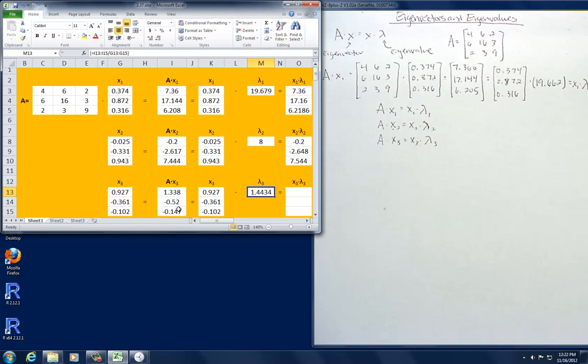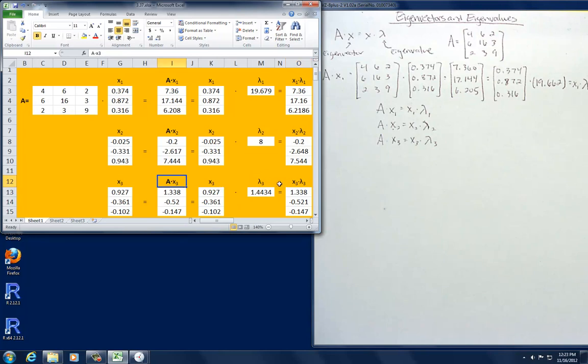It's a simple way to get lambda sub 3 here, which we get to be 1.443. And lastly, let's multiply those together. Our eigenvector times our eigenvalue, and we should wind up with the same thing here.